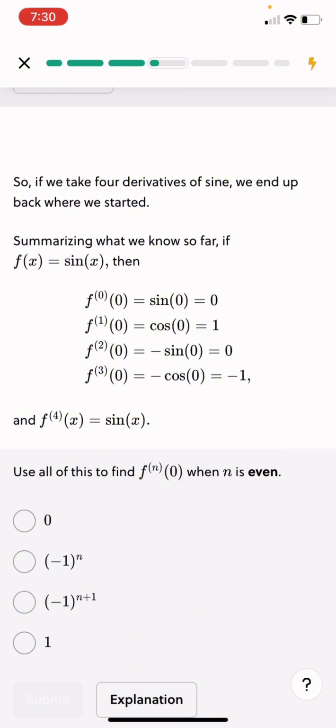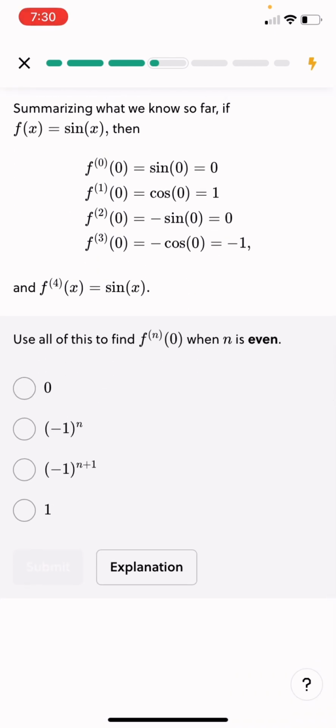It goes from 0 to 1 to 0 to negative 1. So this is just saying what they would equal. Basically f equals sin, f1 equals cos, f2 equals negative sin, and then repeating.